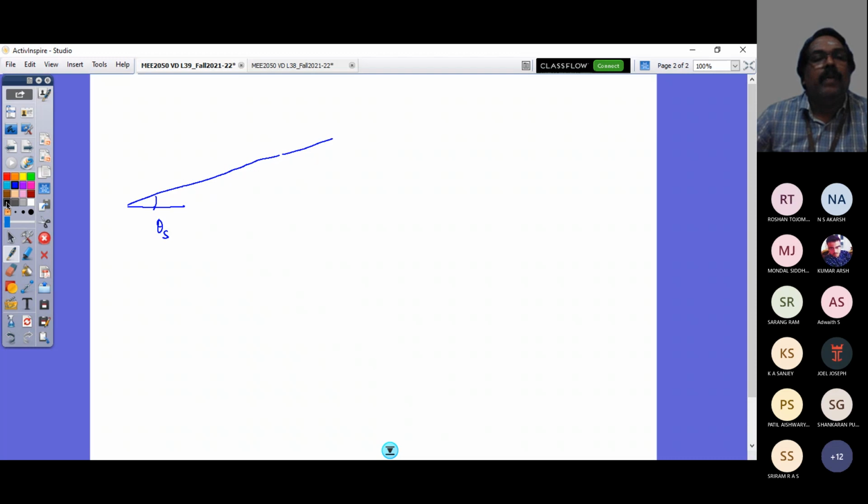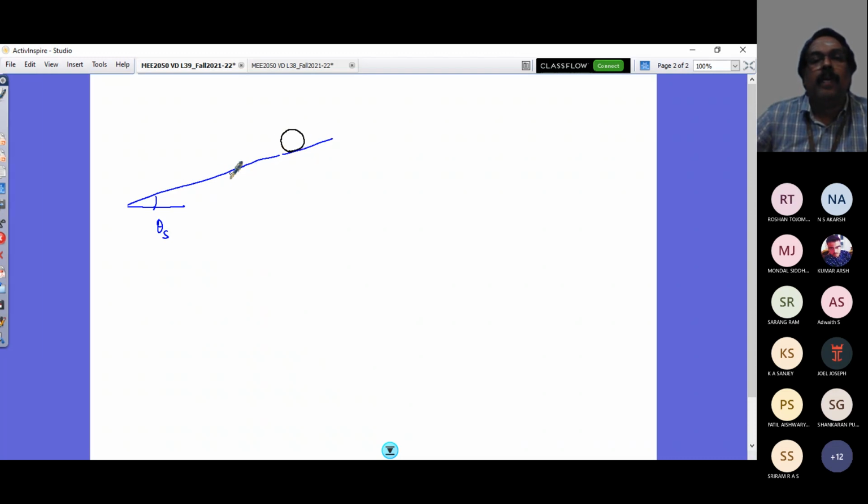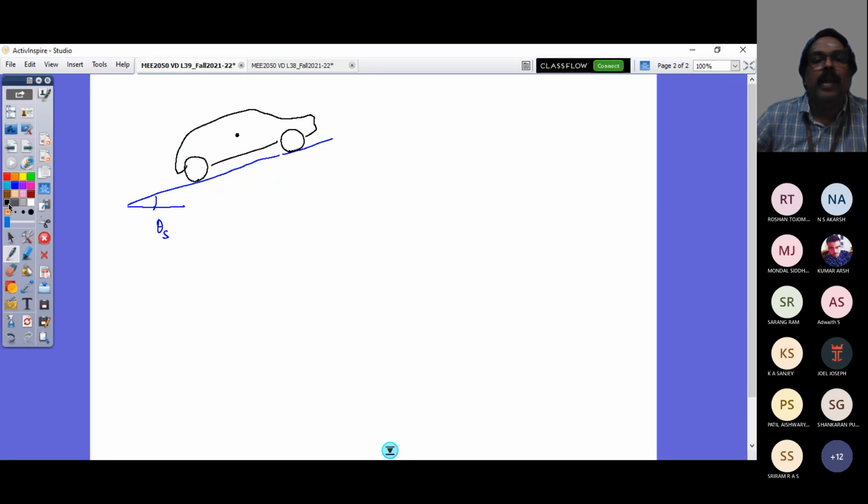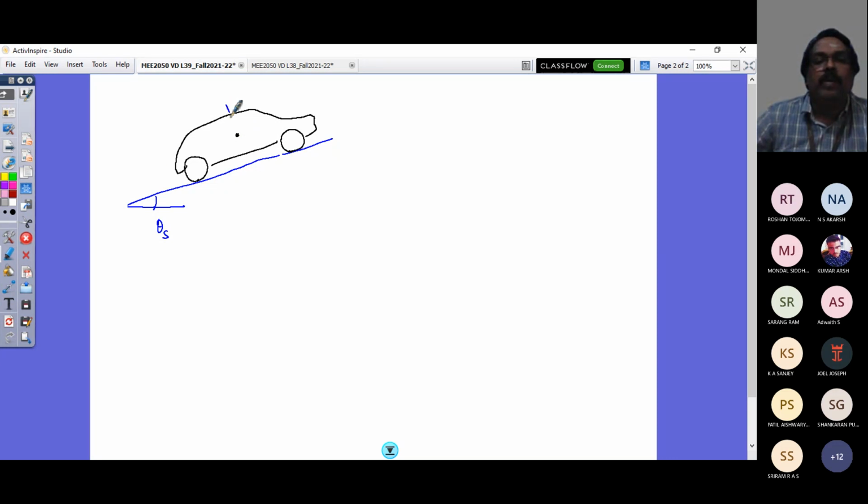So let's consider a gentle slope. On this, I have my vehicle. This is a two-axle vehicle, a passenger car I consider here, and the CG location somewhere here. The total weight of your vehicle would be resolved into two components, one normal to the road surface and another along the slope.